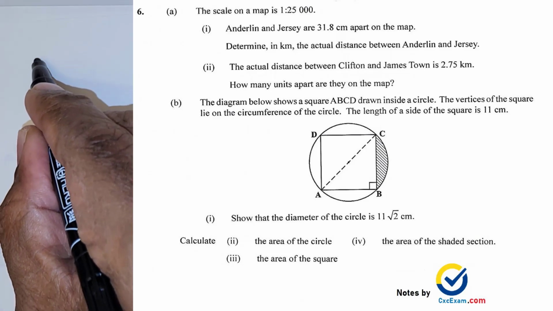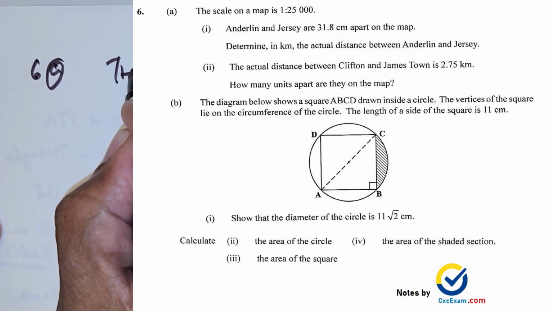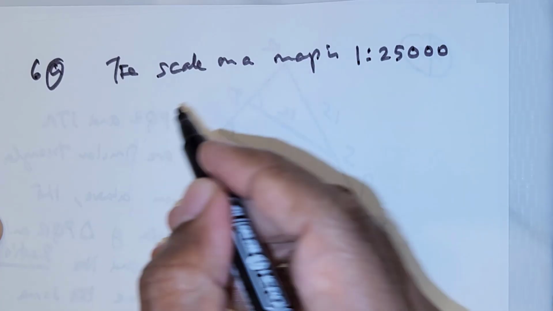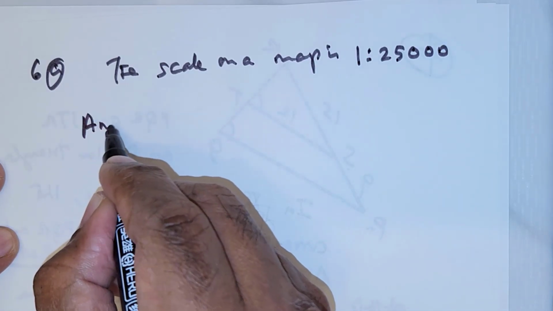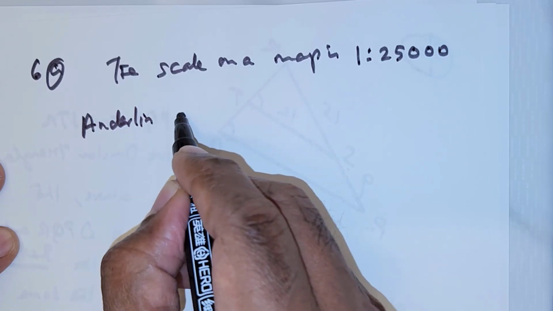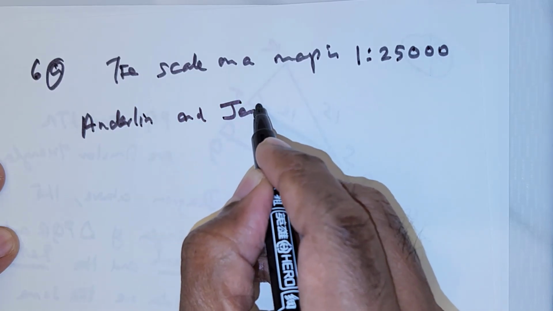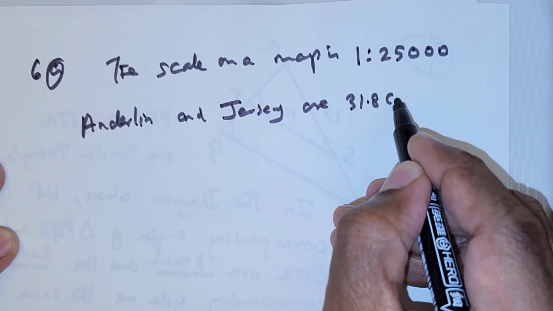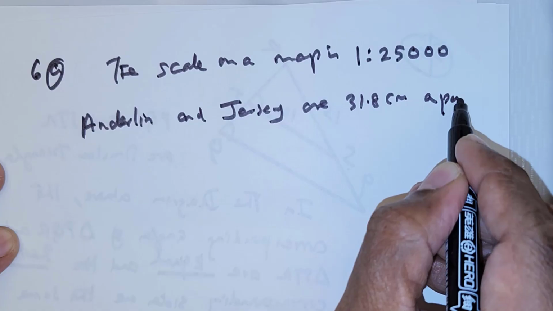Since this is question 6a, it is given that the scale on a map is 1:2500. Anderlin and Jersey are 31.8 cm apart on the map.